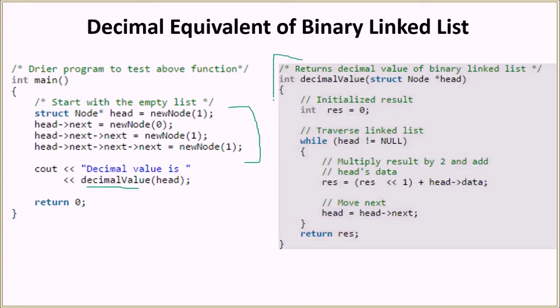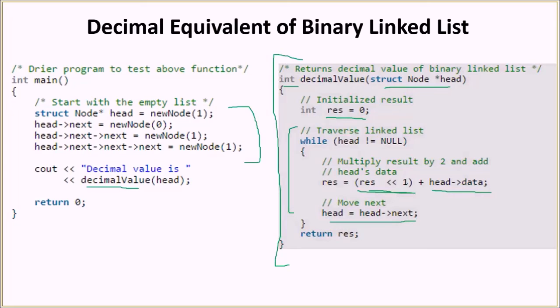Let's look at the decimal value function. It returns an integer, and it takes as an argument a linked list. We initialize the value res equal to 0. Then we traverse the linked list and we do two things. We multiply the current value of the result by 2, and then we add the data part of the current node. Then we move the current node to the next node.